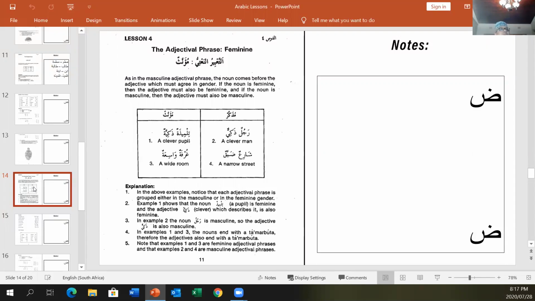Because of the ta. Just a brain teaser for us there. So if you and I want to change that to a masculine clever pupil, then we would say tilmidun dhakiyun. Are you with me? Everybody with me?